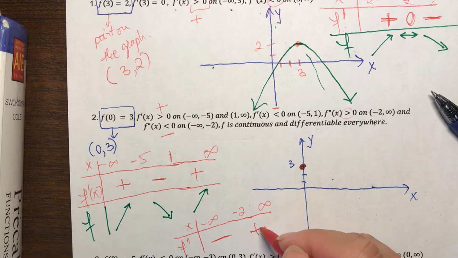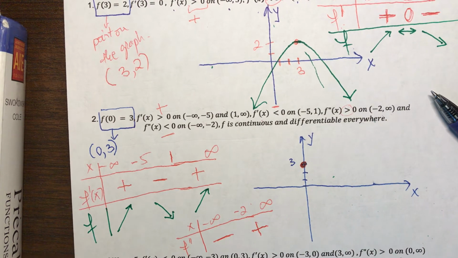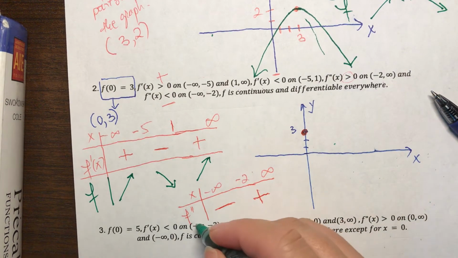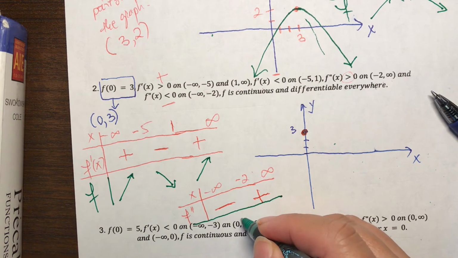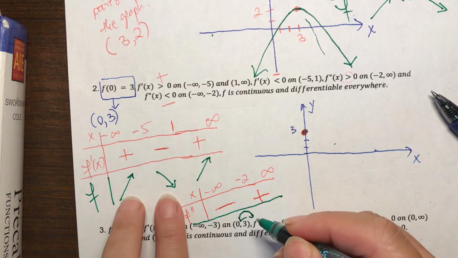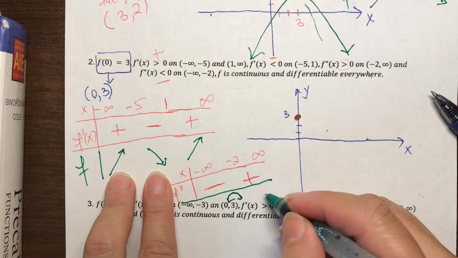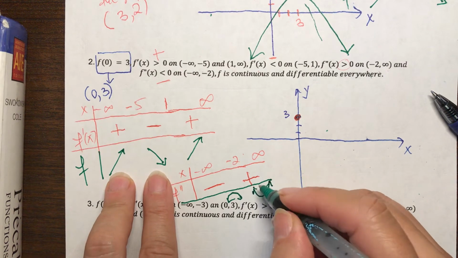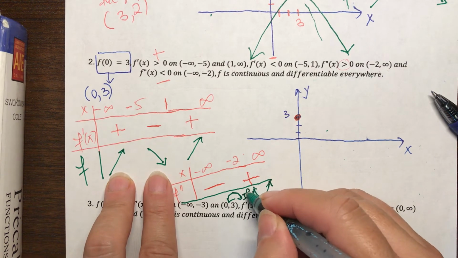So at negative 2 it's switching. Now again, what does that mean for the function itself? That means it's going to be concave down, which totally makes sense, and then concave up again. So at negative 2, I definitely have an inflection point.